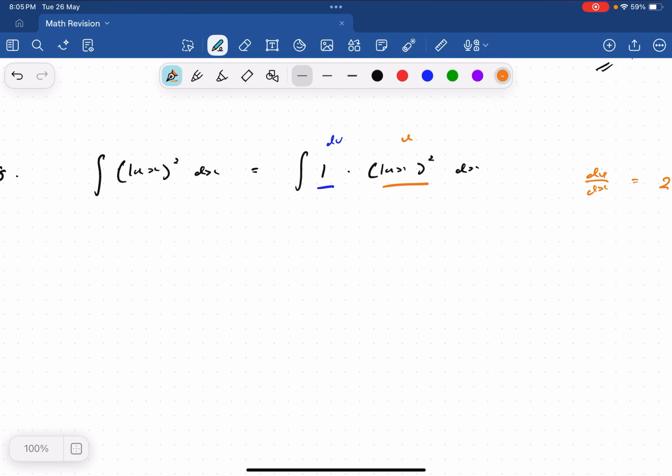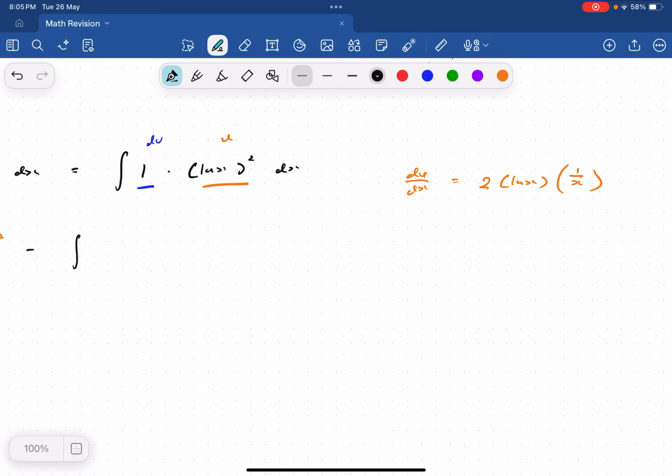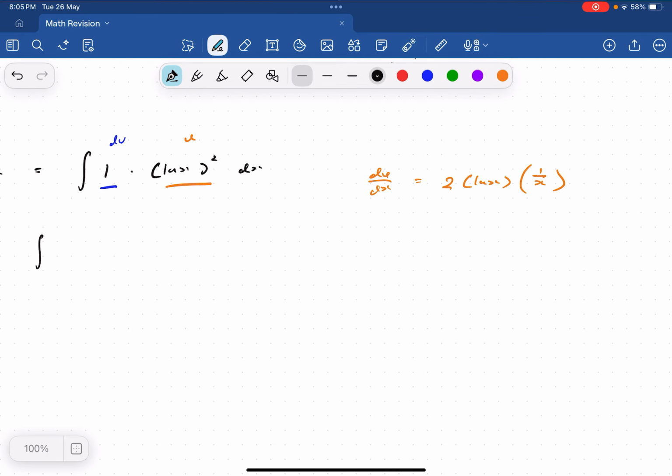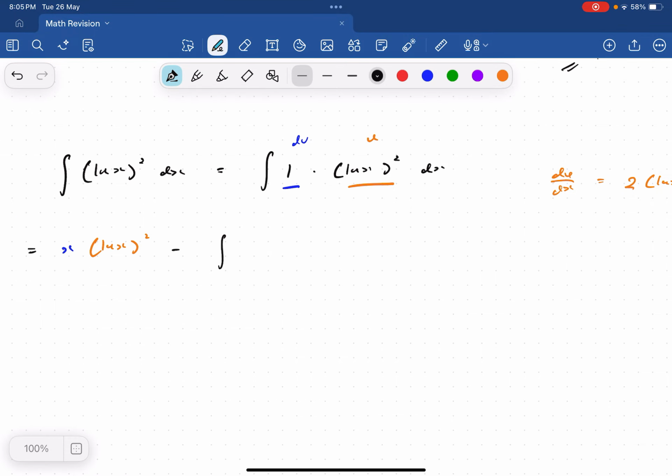So if I do integration by parts, this thing is going to become, if dv or v prime is 1, then v is just going to be x. I hope that's clear to you. So this will just be x, and then I keep my u, minus, 2. Yeah, because this, okay, I won't skip steps.